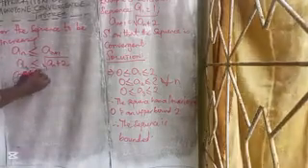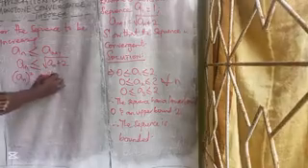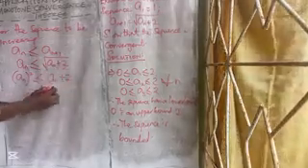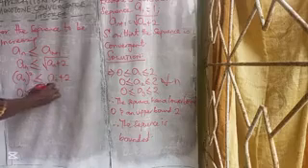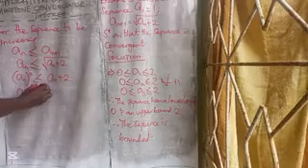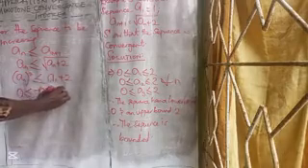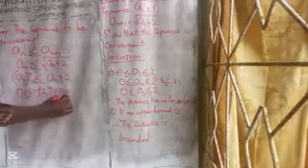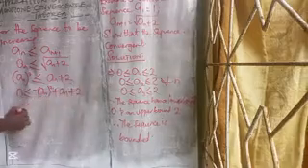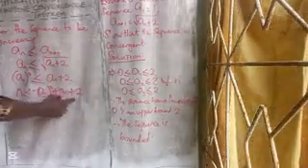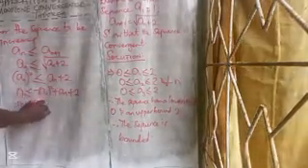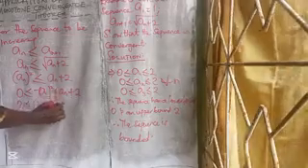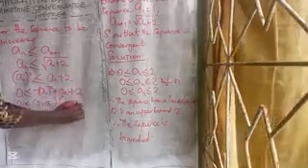That implies that the square of a sub n is less than a sub n plus 2. That means that 0 is less than or equal to minus a sub n squared plus a sub n plus 2. And by the time we factorize this, 0 will be less than or equal to 2 minus a sub n, into 1 plus a sub n.